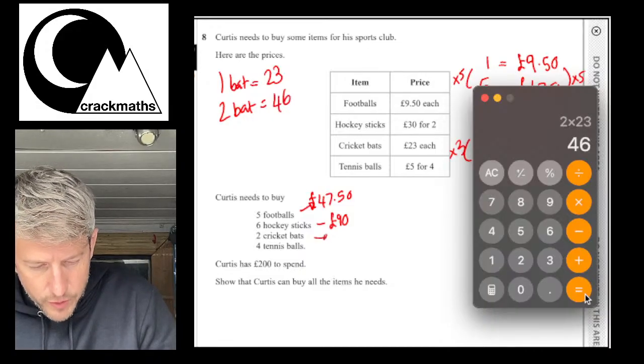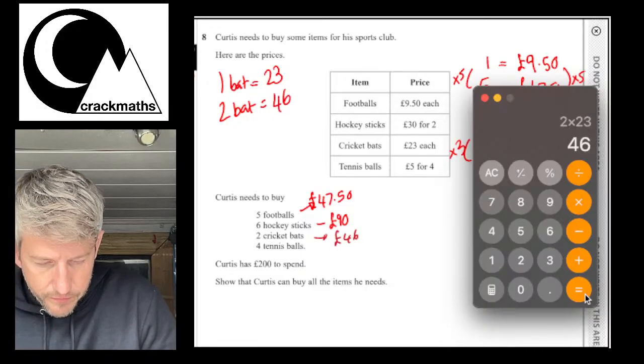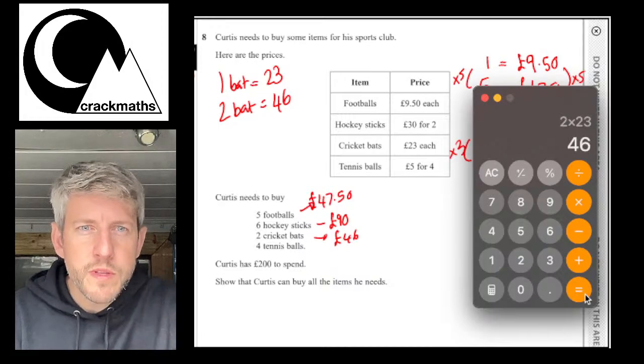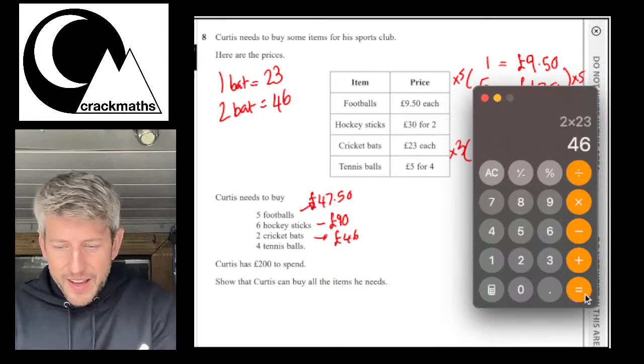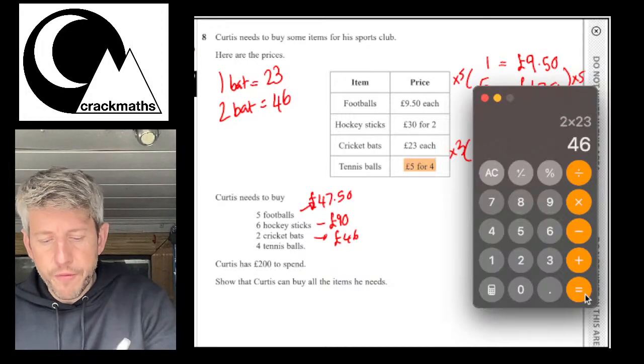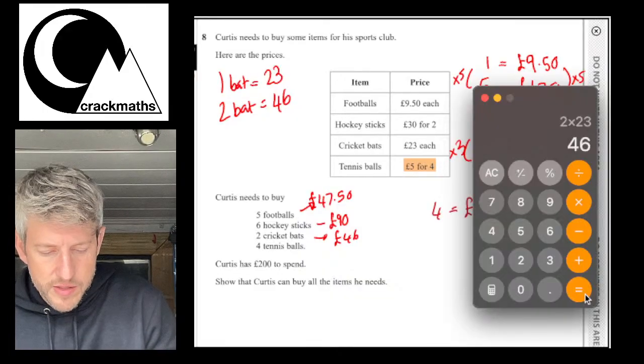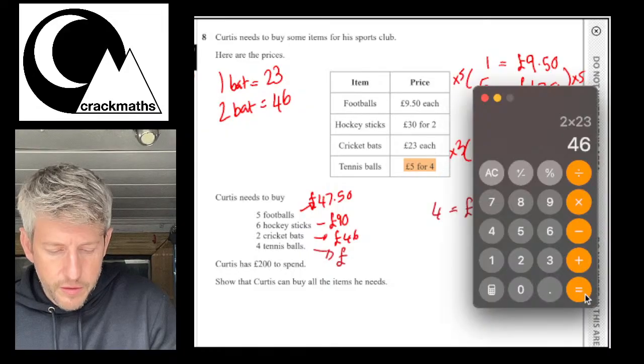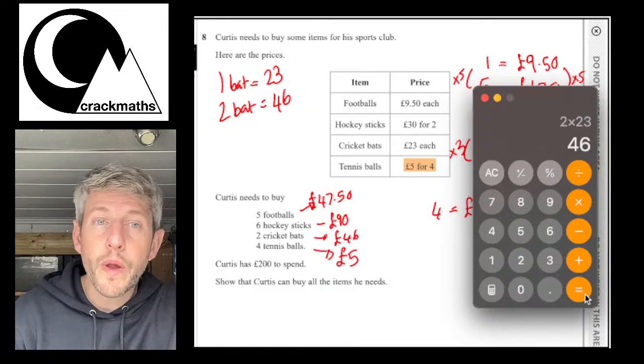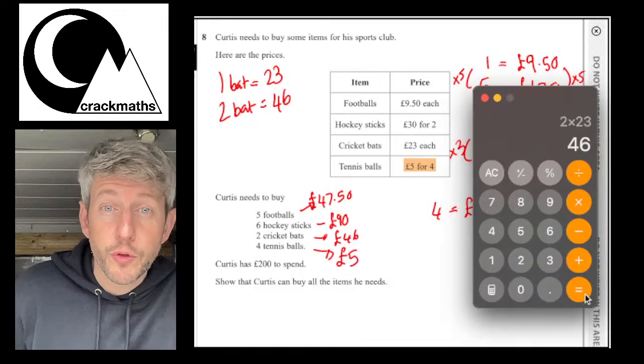So I'm going to write here £46. And then 4 tennis balls. 4 tennis balls are £5, so 4 tennis balls equals £5. So this costs £5.